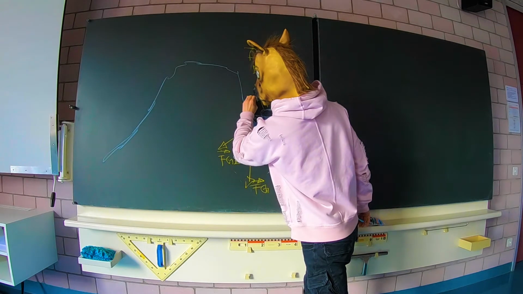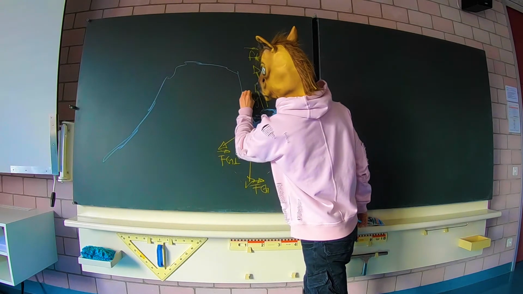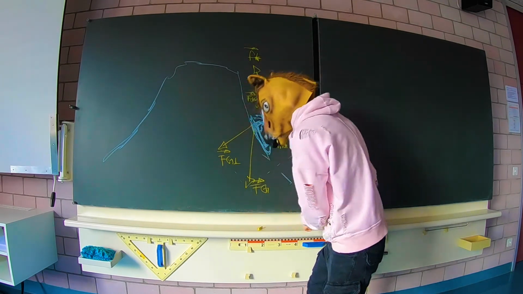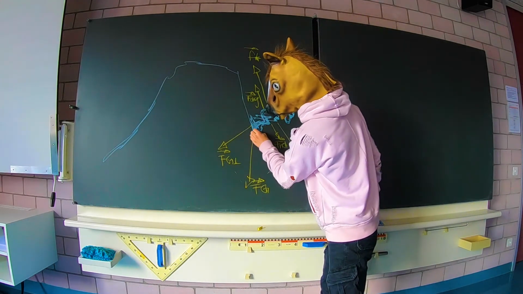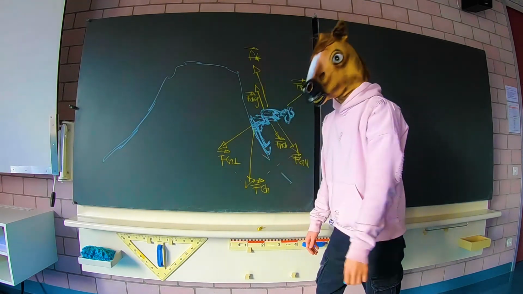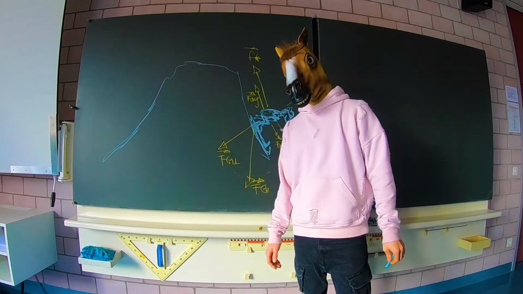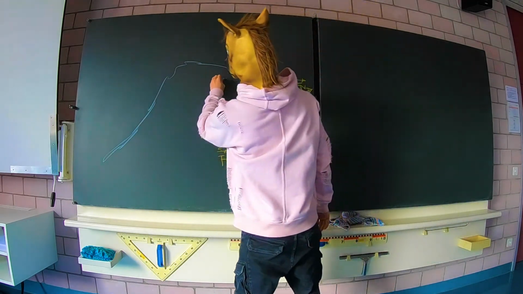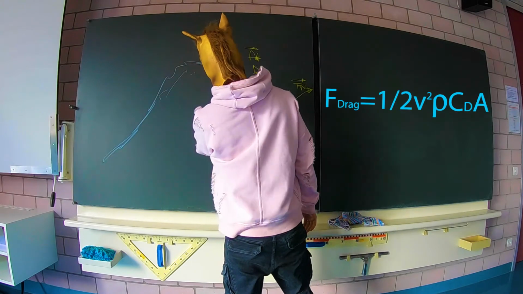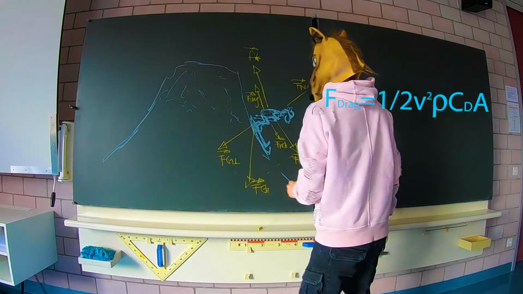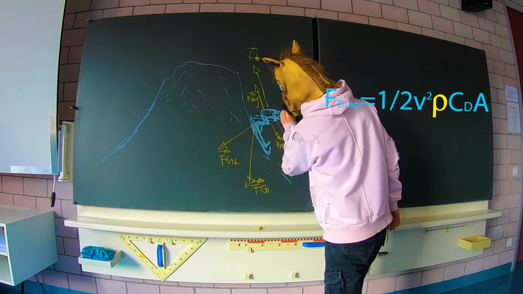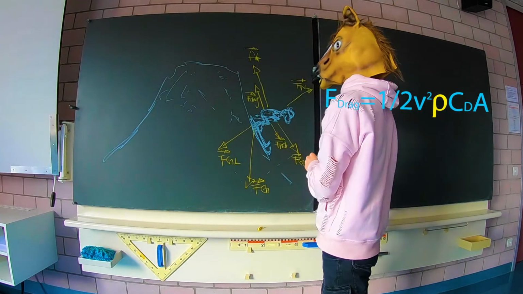Air resistance is an interesting kind of friction because it is affected by velocity, meaning that the higher the velocity, the higher the friction. This is why skydivers reach a constant velocity, and why they cannot eternally accelerate. To find air resistance, we must use this formula. Yeah, I know, it's pretty complicated. This symbol, the Greek letter rho, represents the density of the air.